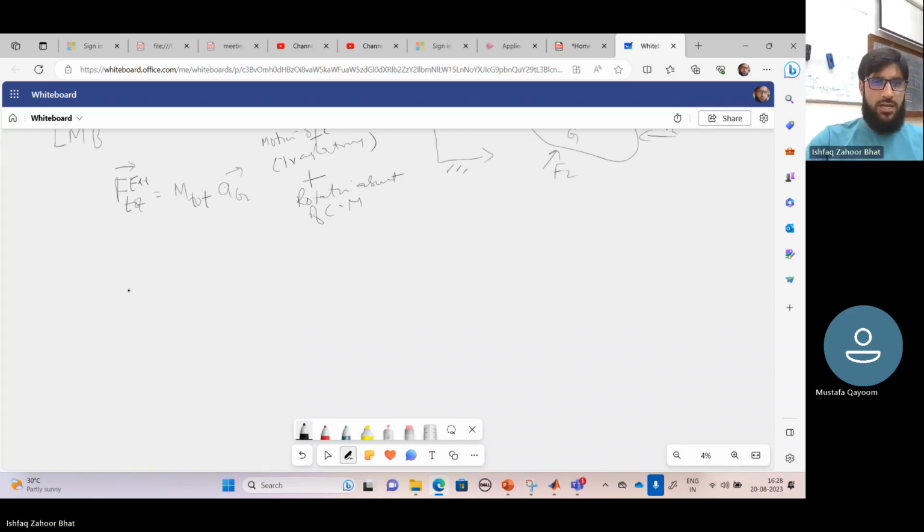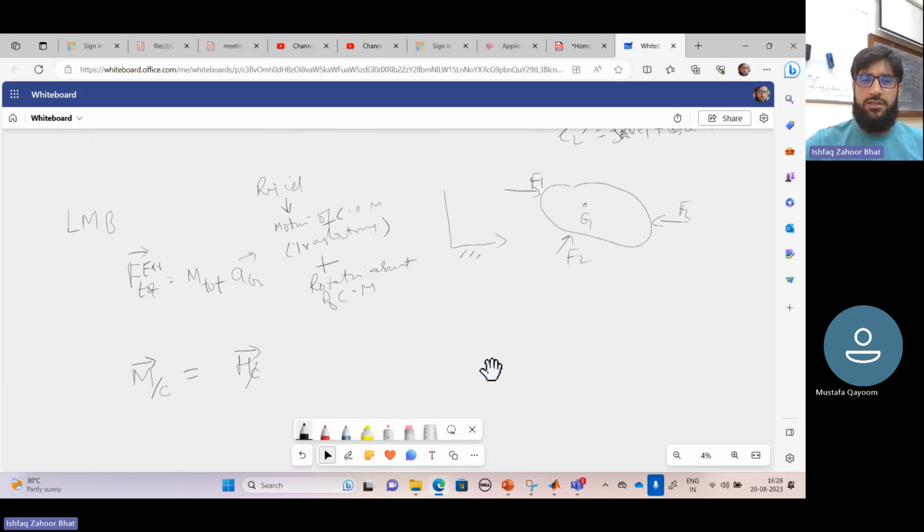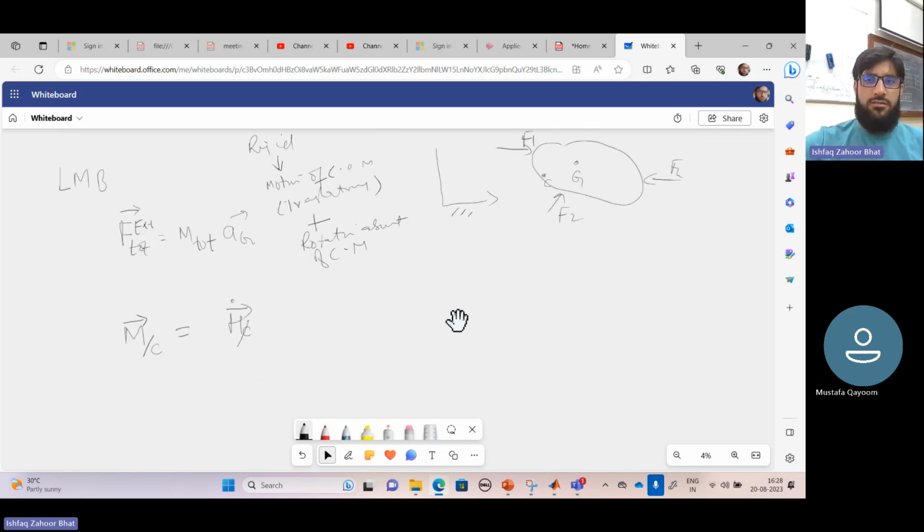So we know the net external moment about some point C is equal to the rate of change of angular momentum of the body about that point. So if we have any general point C on this body, the net torque due to these external forces about this reference point C is equal to the rate of change of angular momentum of this body about the point C. But it is not a trivial thing. Why?